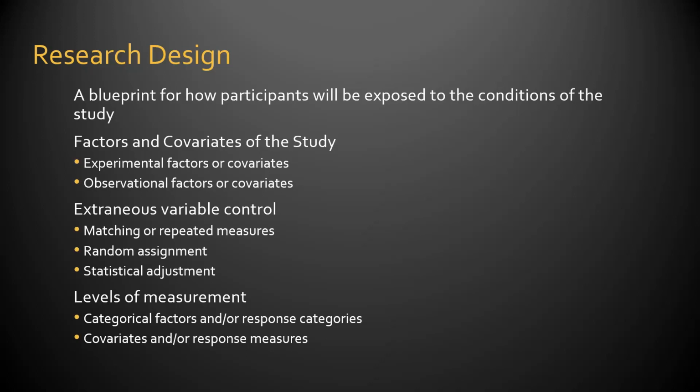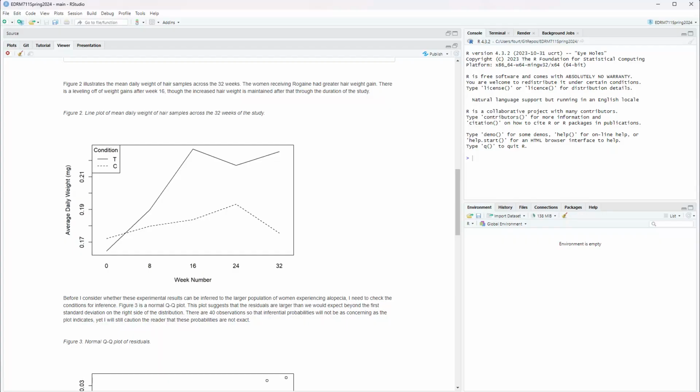So anytime we're putting the explanatory variable as a quantitative variable, I'm referencing that as a covariate. When you're using factors or covariates, they can be experimental or they can be observational. Let's take a look at a study that I analyzed in a past video series. This is the one in which we looked at women who were receiving Rogaine or placebo as a way to affect baldness and to be able to increase hair growth.